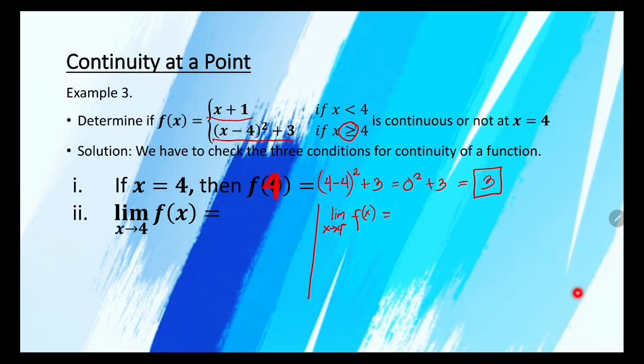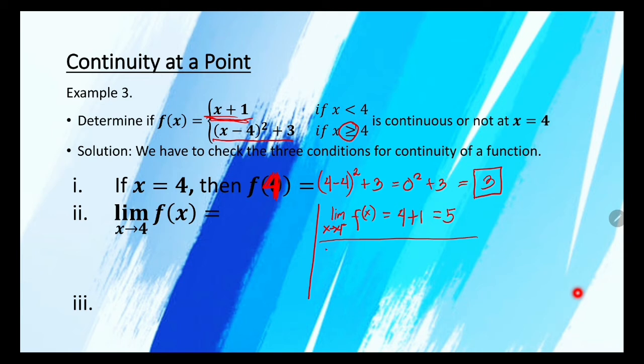So we substitute the 4 into x plus 1, because x plus 1 is what we use. And 4 plus 1 is equal to 5. How about the other one?